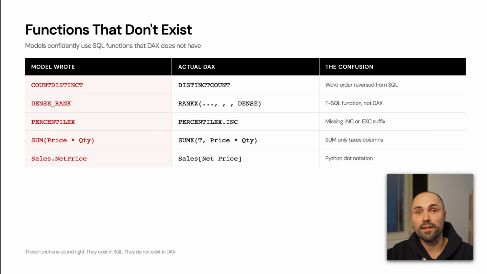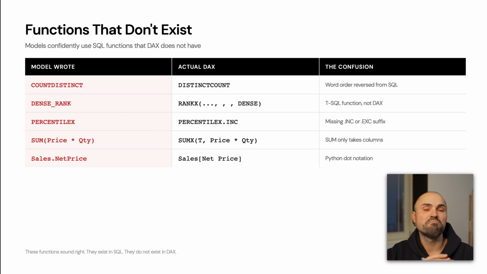Internally, LLMs tend to first produce SQL and then try to produce DAX out of that. Therefore, it's often the case you get SQL functions instead of DAX functions. COUNT DISTINCT is one of them.